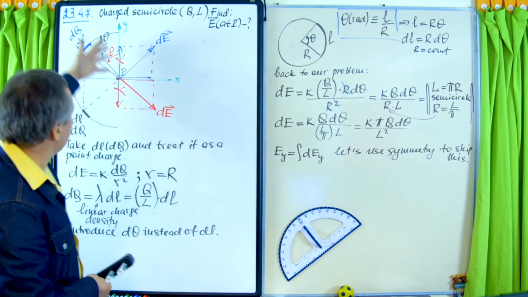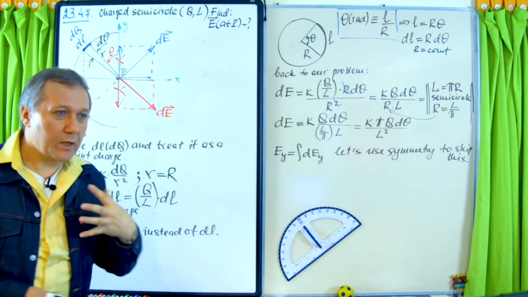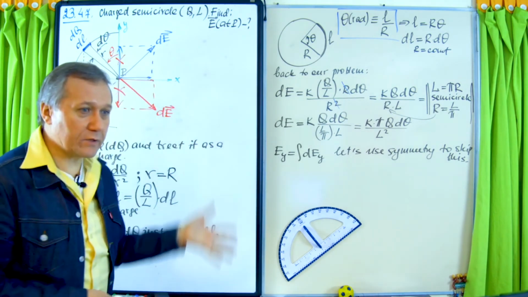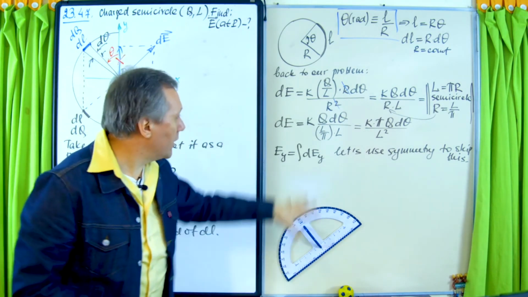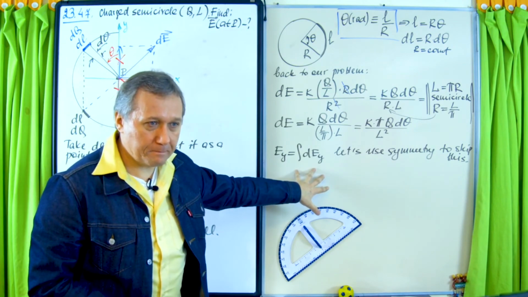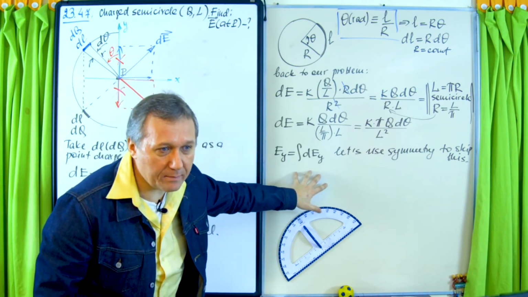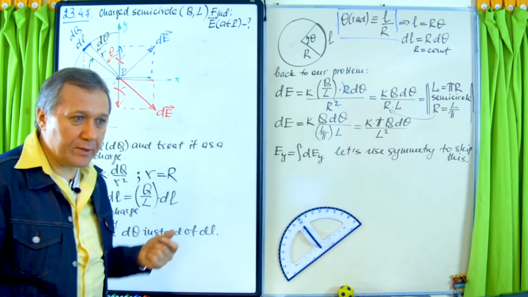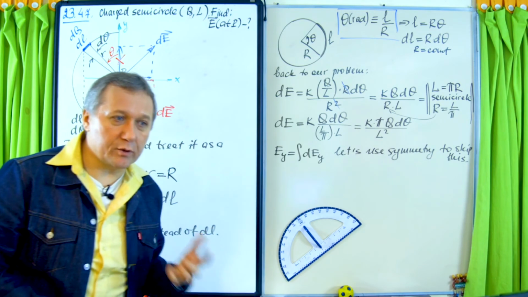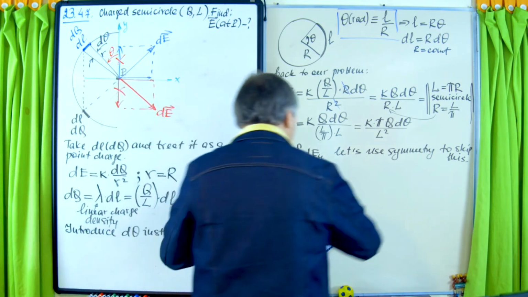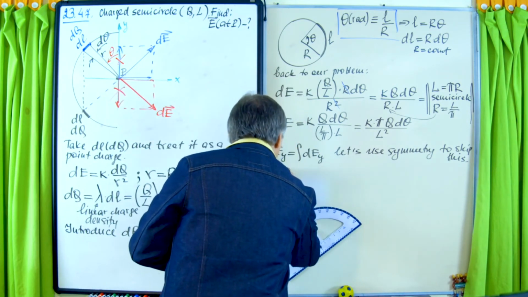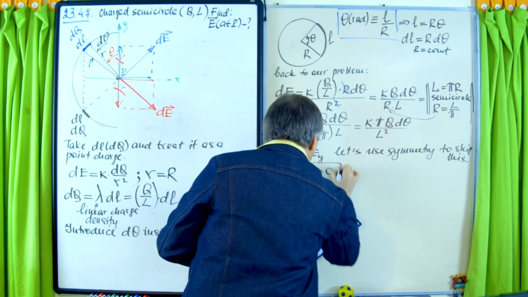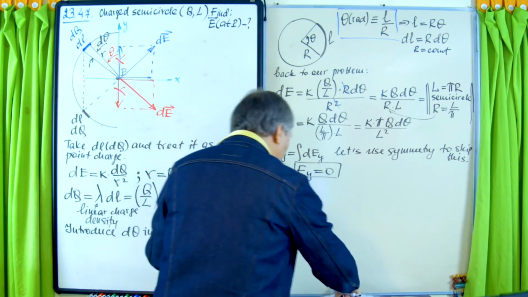I can see it graphically because of the symmetry, but if you don't believe my justification, write down this integral explicitly and you will end up with 0 mathematically. So let's skip it, because we can see from the picture that the y component of the electric field will be 0 anyway.